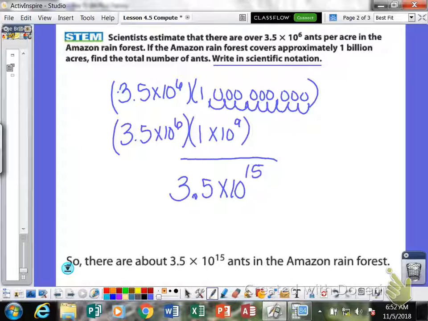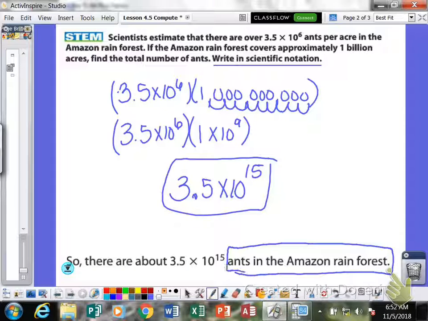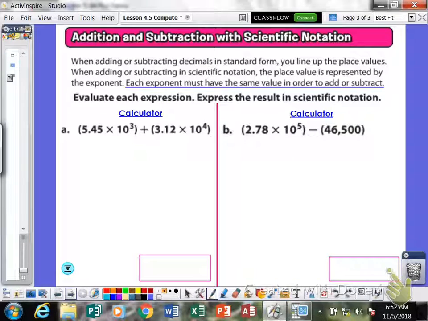That's what we got. And then label, obviously, ants in the Amazon rainforest. So always label because it was a word problem. So it's pretty easy when you use your calculator.